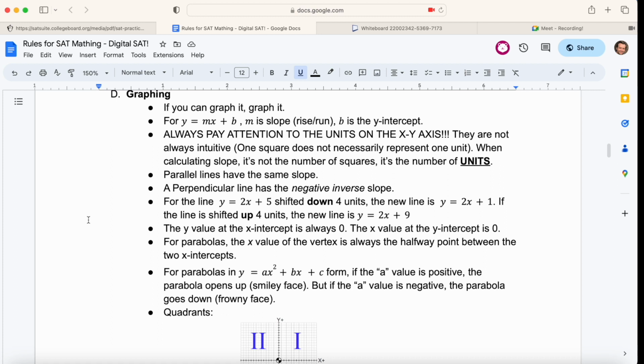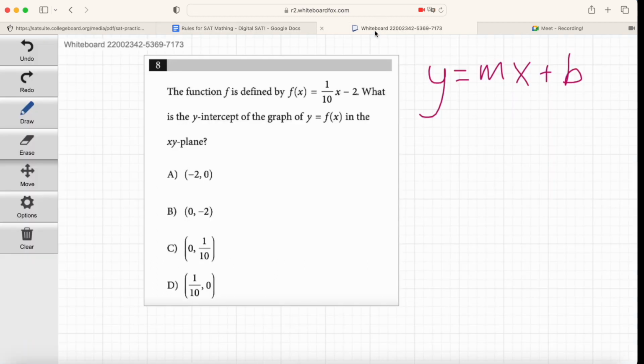Does that concept make some sense why the y value at the x-intercept is always 0? In fact, we just saw a question that covered that concept, right? Remember where that parabola was touching the x-axis, the y value was 0, but the x value was 7, right? Does that make some sense? Yeah. And then the x value at the y-intercept is always 0, which should make sense. If you look at a graph, I'm going to draw a little xy axis just to the right of the question here.